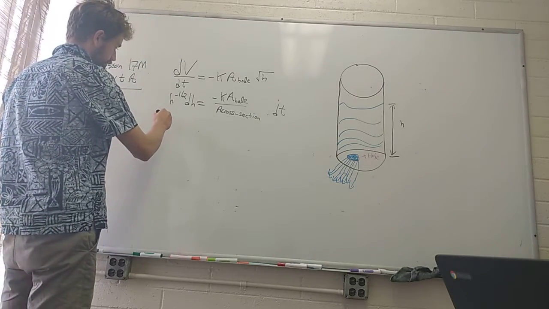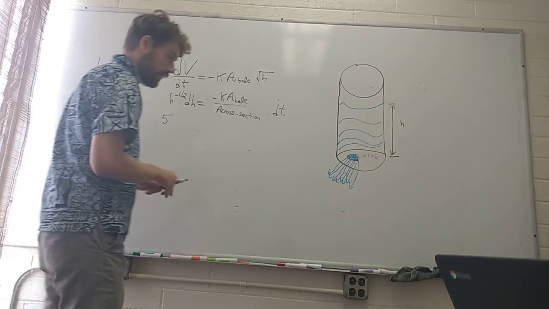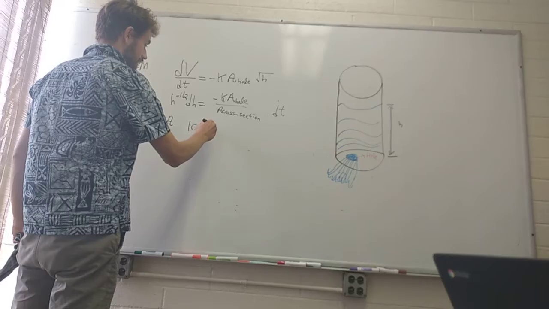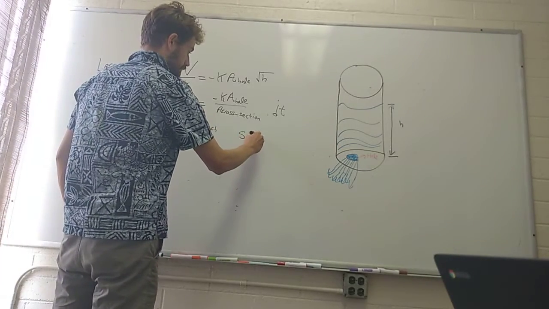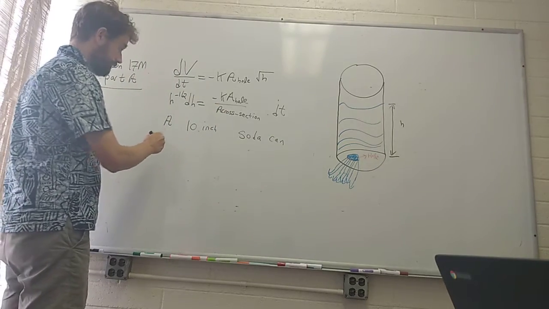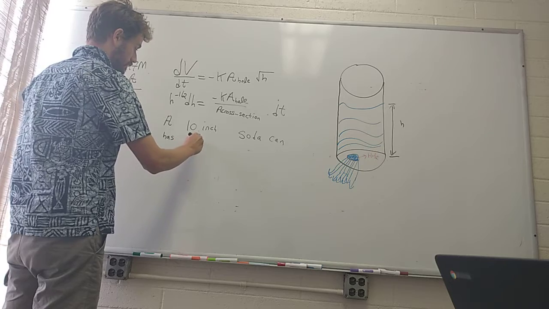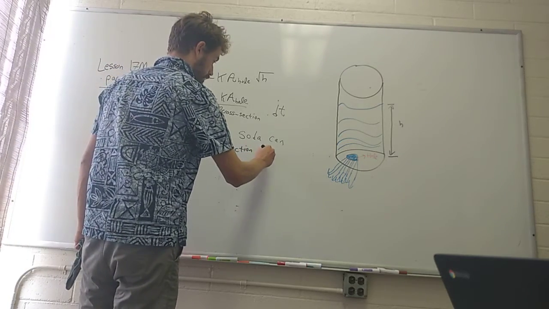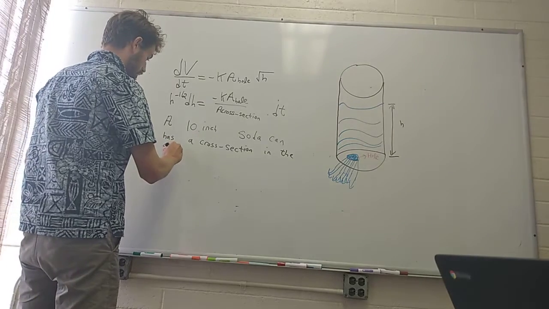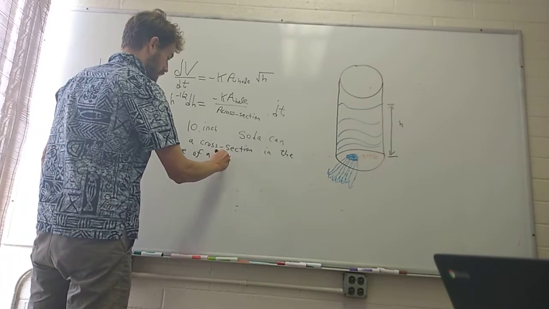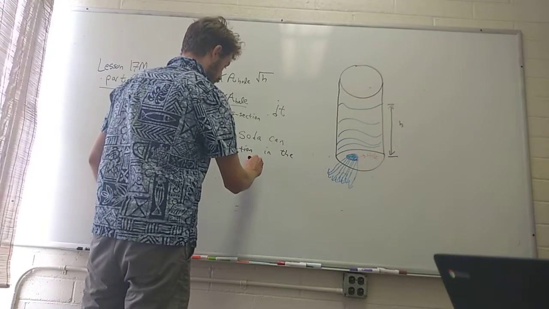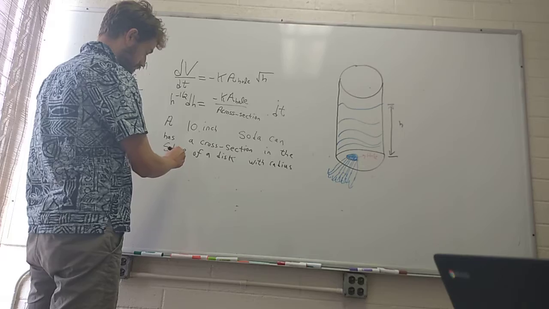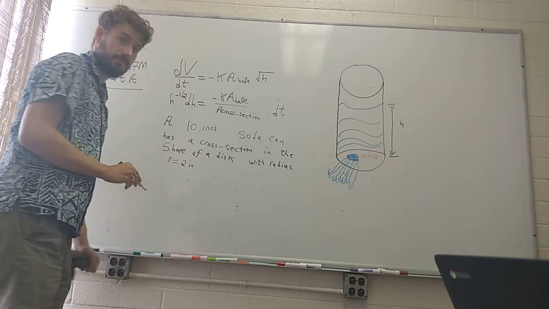So let's say a 10-inch soda can has a cross section in the shape of a disc, with radius, let's just say, 2 inches.